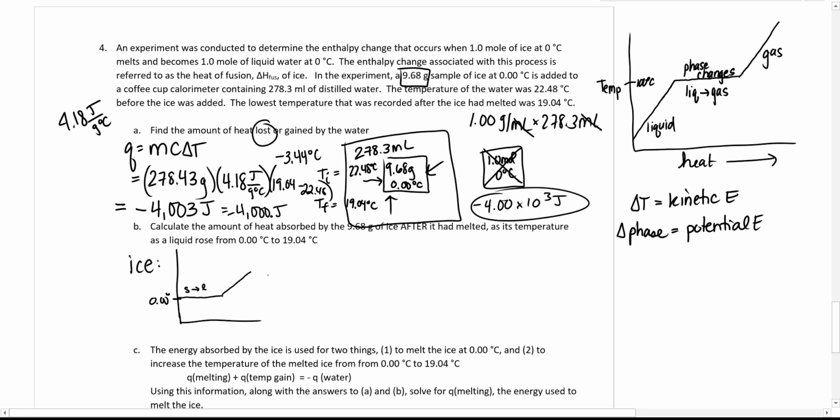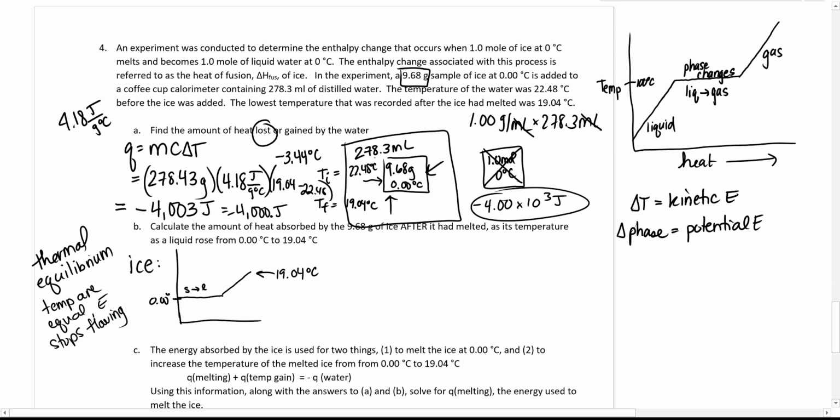And in our case, it increases until it reaches 19.04. That's the point at which our system has reached what we call thermal equilibrium. And that is the point at which the temperatures are equal and the energy stops flowing.